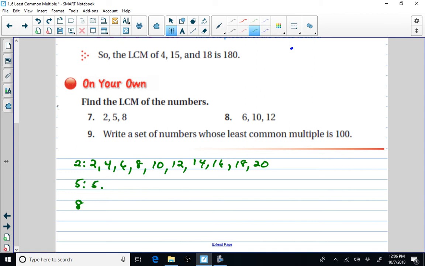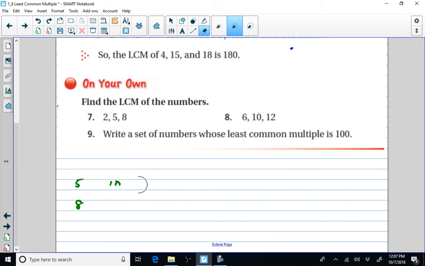So we have 5, 10, 15, 20. All right. So you know what? I'd have to list a lot of multiples of 2, so I'm not going to do that. We're going to use the prime factorization. 2 is already prime. 5 is already prime.